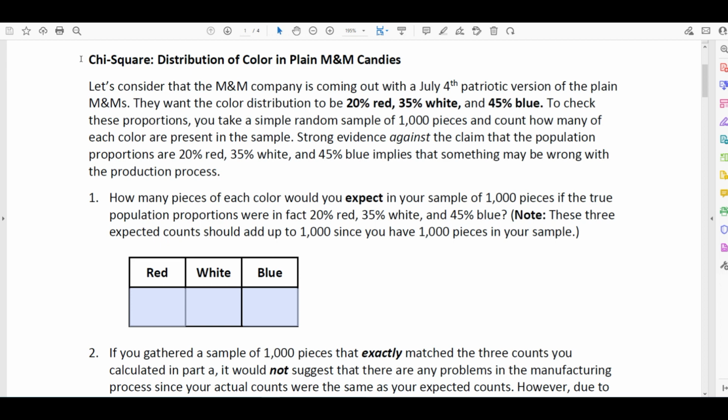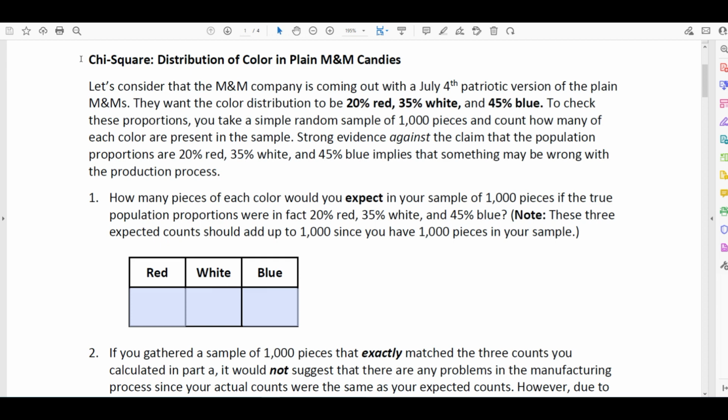The given population proportions set by the company of 20% red, 35% white, and 45% blue. Okay. So we sample, we get real data, and we want to see, is our real data consistent with that set population proportion, or is it inconsistent, implying something might be wrong?